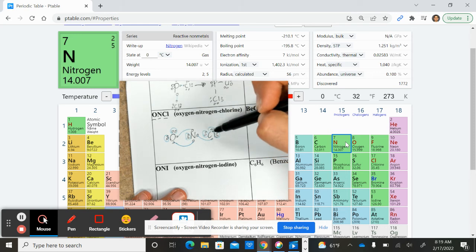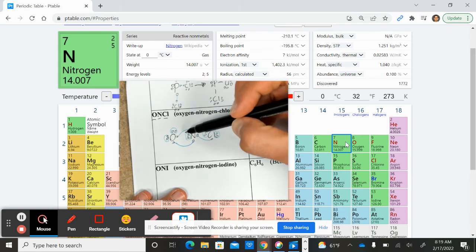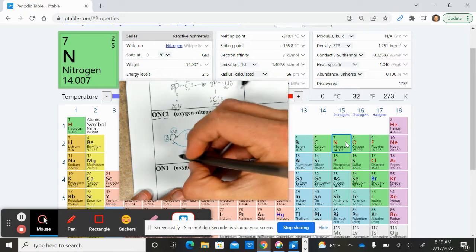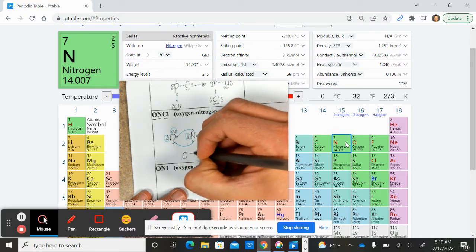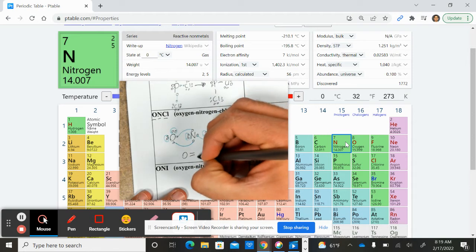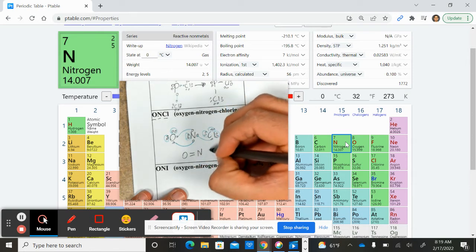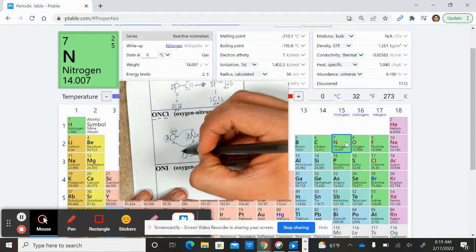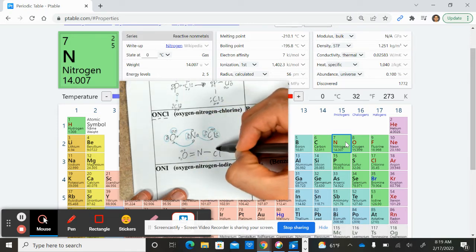Notice all our lone pairs are circled off, they don't bond, and all of our single electrons have now bonded. So let's redraw this. We have a double bond between oxygen and nitrogen. We have a single bond to chlorine, and there it is.